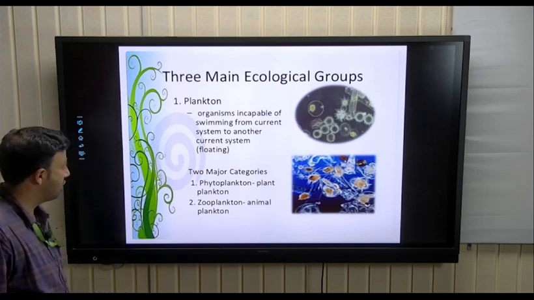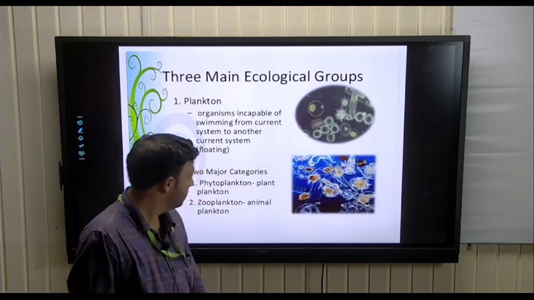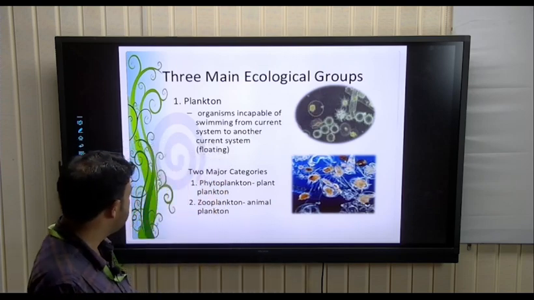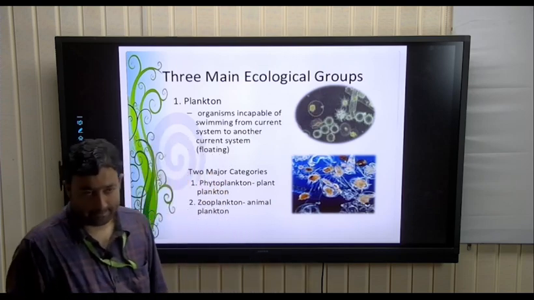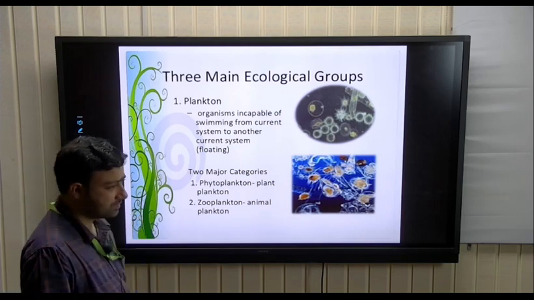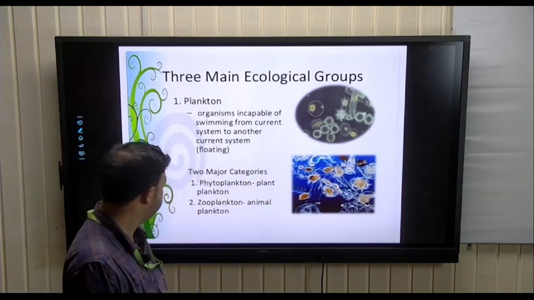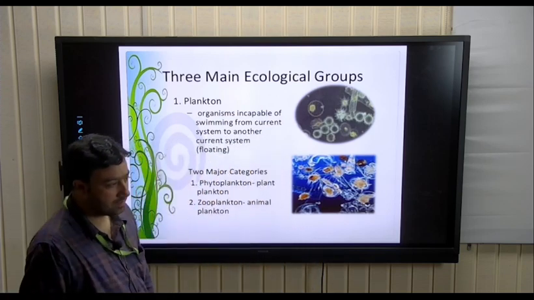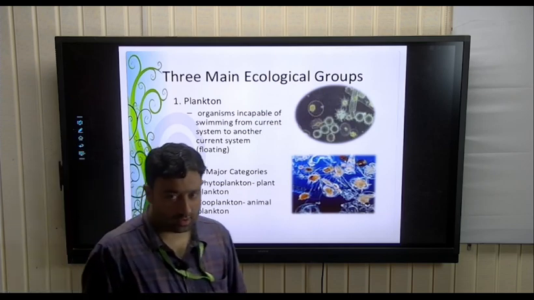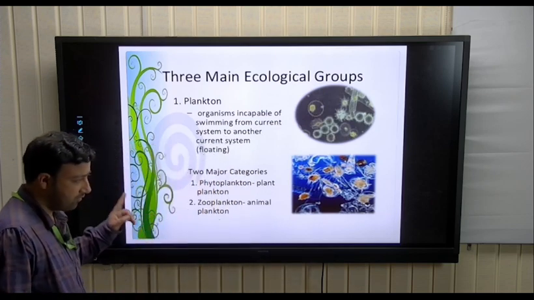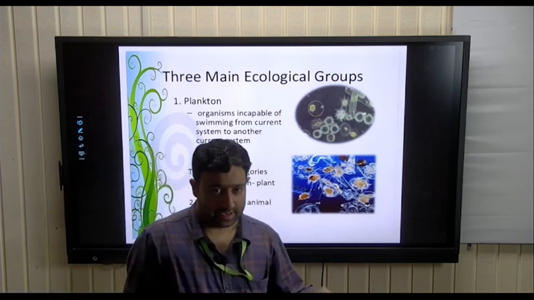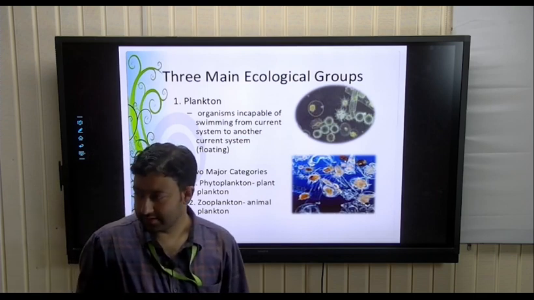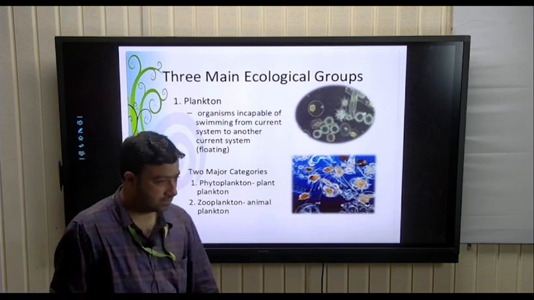There are three main ecological groups. Plankton: organisms which are incapable of swimming from one current system to another current system. Actually, these organisms do not have the capability of swimming. They are the floating organisms. There are two major categories of planktons.